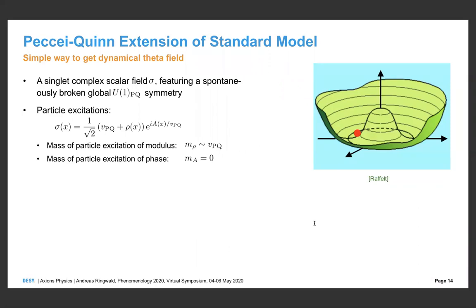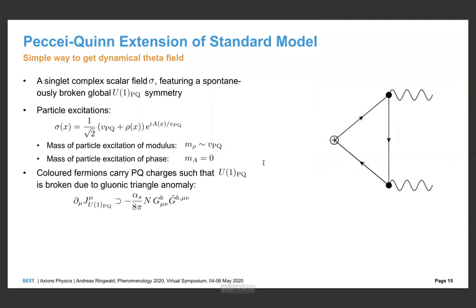The simplest way is to add a complex singlet to the standard model, featuring a spontaneously broken U(1) symmetry, and then the particle excitations will be the following: the mass of the excitation of the modulus will be of the order of the symmetry breaking scale V Peccei-Quinn, and the mass of the excitation of the phase will be 0. So it will be just a Nambu-Goldstone boson.